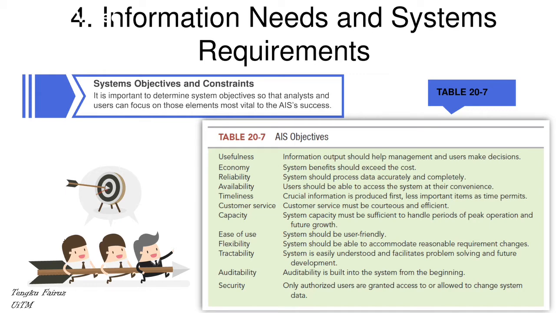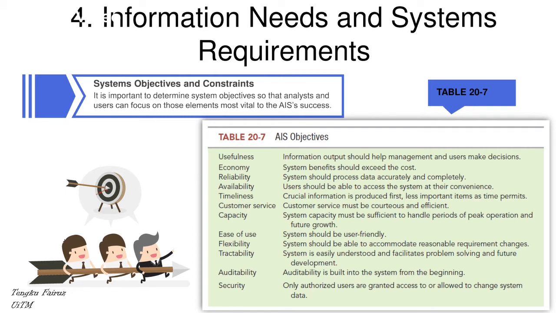It's very important to determine the system objective, so that the analyst and the user can focus on those elements that are most vital to the AIS success. If you refer to table 20.7, they can list down all the information system objectives.